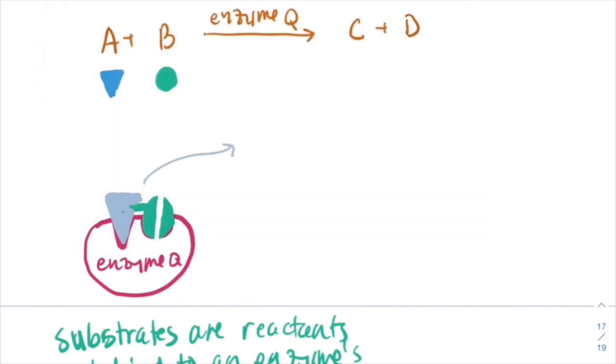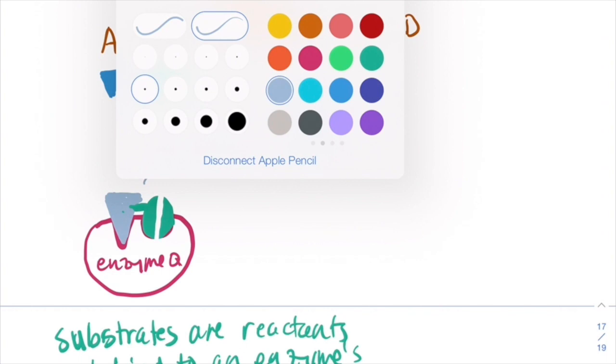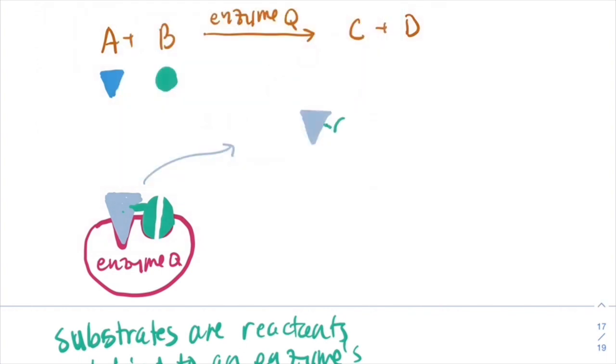So that when that's done, when these get spit out, this here is going to look like a triangle, this gray-blue triangle, bound to half of a green ball. And this here is going to look like the other half of the green ball.